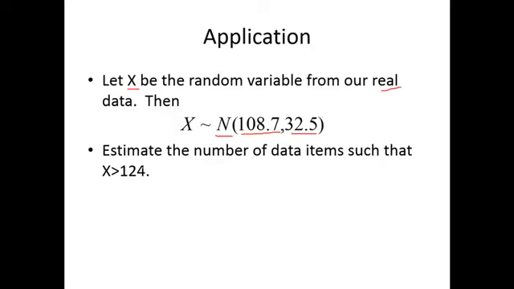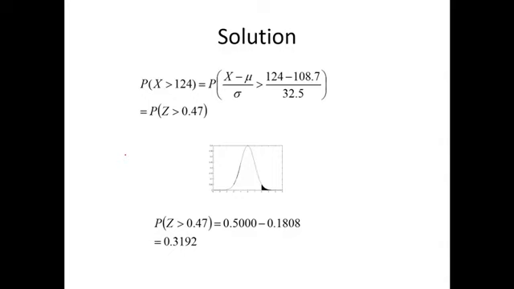We want to estimate the number of data items such that x is greater than 124. 124 was chosen simply because everybody on campus has to have 124 hours before they graduate, and graduating is what this program is about. So what is the probability then that x is greater than 124?